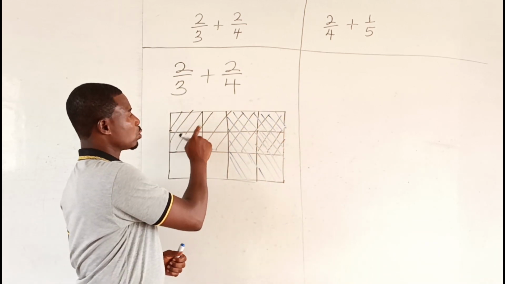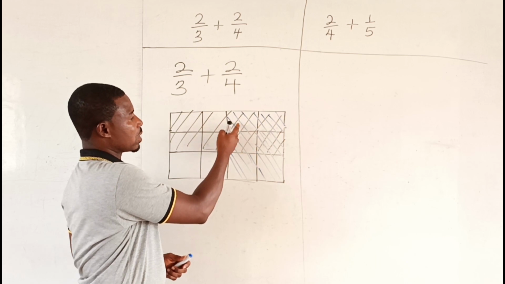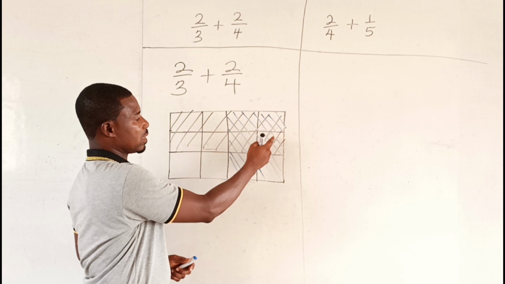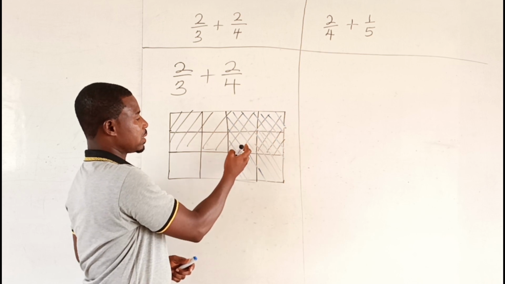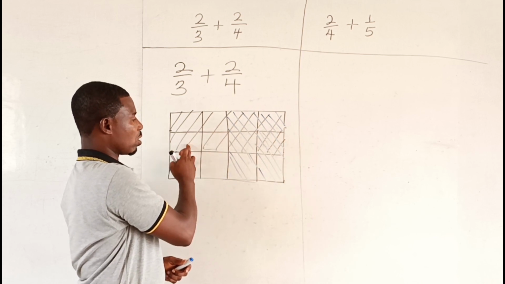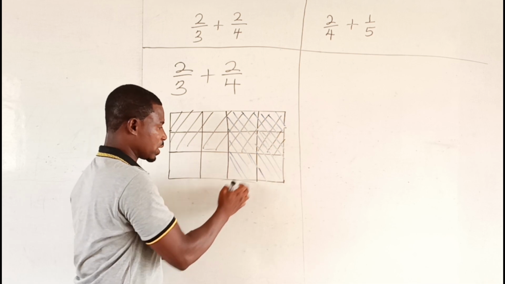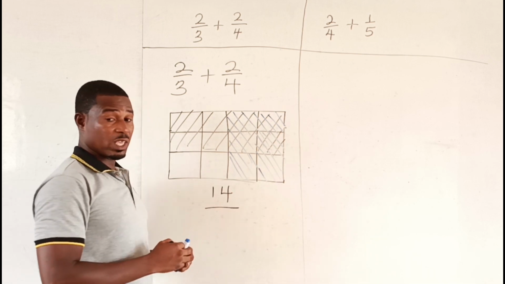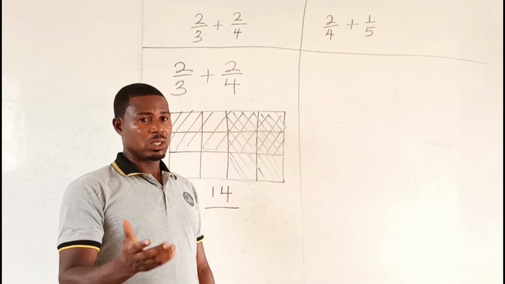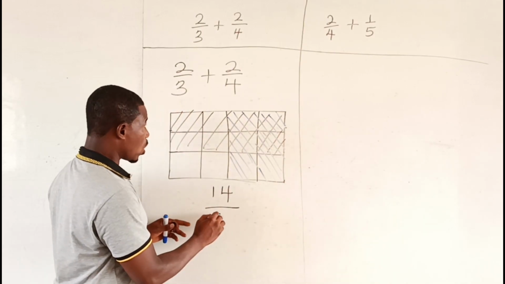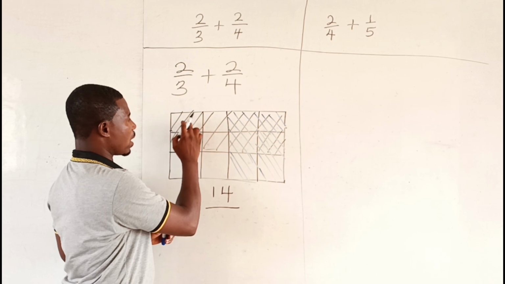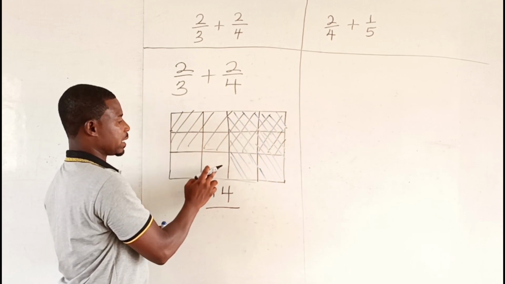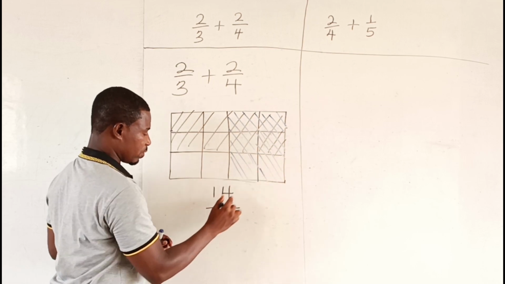We have 1, 2, 3, 4, 5, 6, 7, 8, 9, 10, 11, 12, 13, 14. So we have 14 shaded portions, all out of 12.